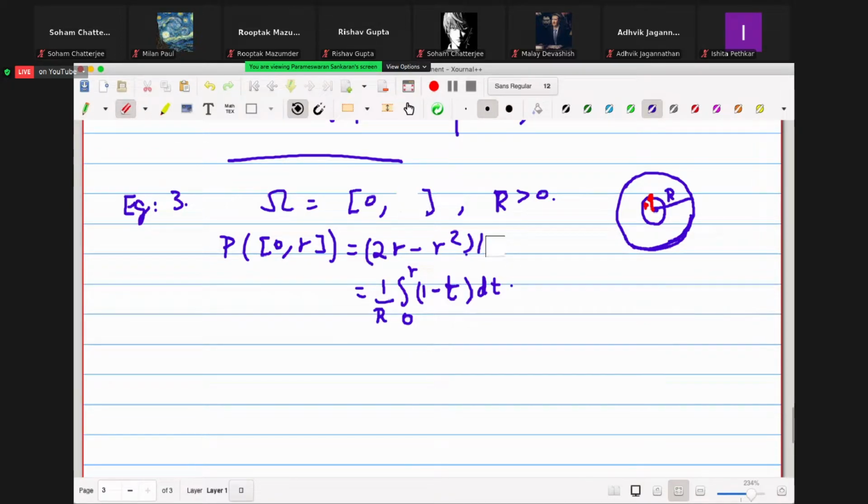Otherwise, I should write r by r and then r square by r square, so let me not write that. Just 1. Sorry, I'm changing this. Otherwise, wherever you have little r, you have to replace it by capital R. Let's just do this normalized to 1. It's better that way. So this radius is also 1. So here I don't need to write this, which is equal to this.